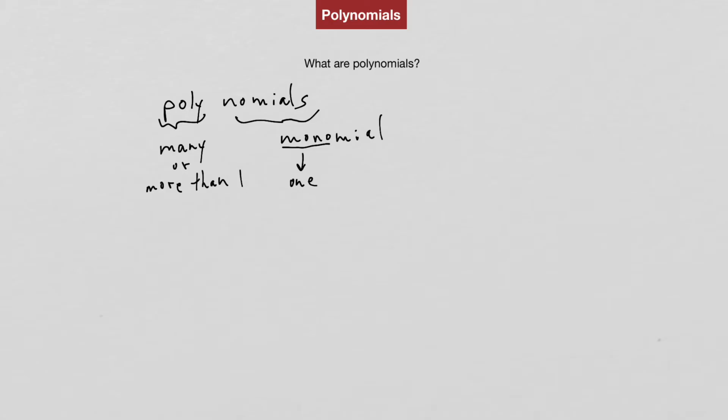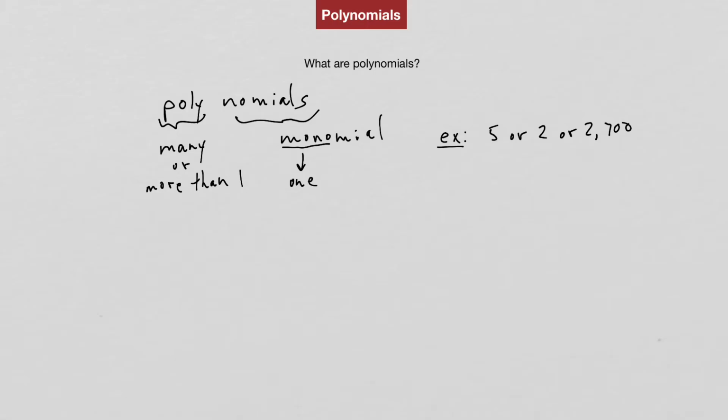So basically any number all by itself is a monomial. For example, 5 or 2 or 2700 is a monomial.